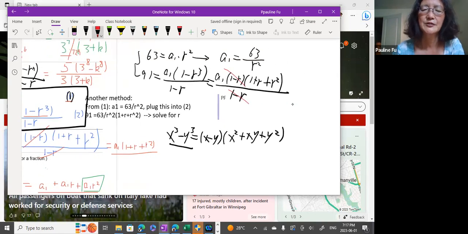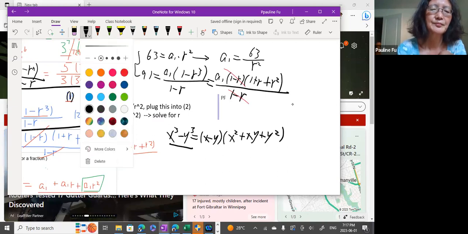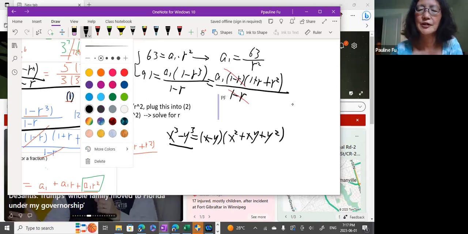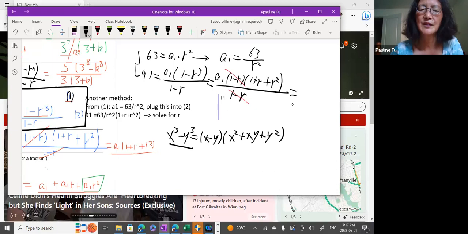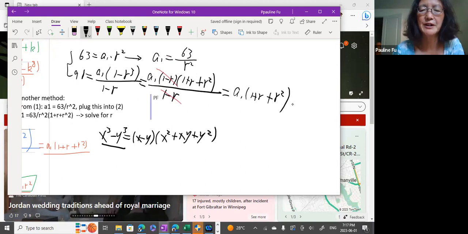So you just have A1 times (1 plus R plus R squared). So this is the second equation: 91 equal to this.